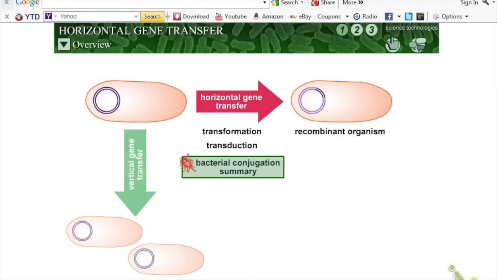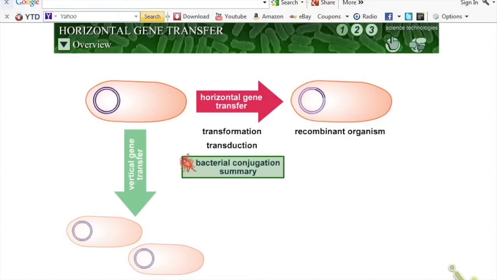Okay, so in this particular information, we have already discussed conjugation. Remember? Conjugation is done by means of what? By means of pili. Very good. And then vertical gene transfer: the bacteria, let's say during binary fission, the genes are being transferred to its progeny, its daughter cells.